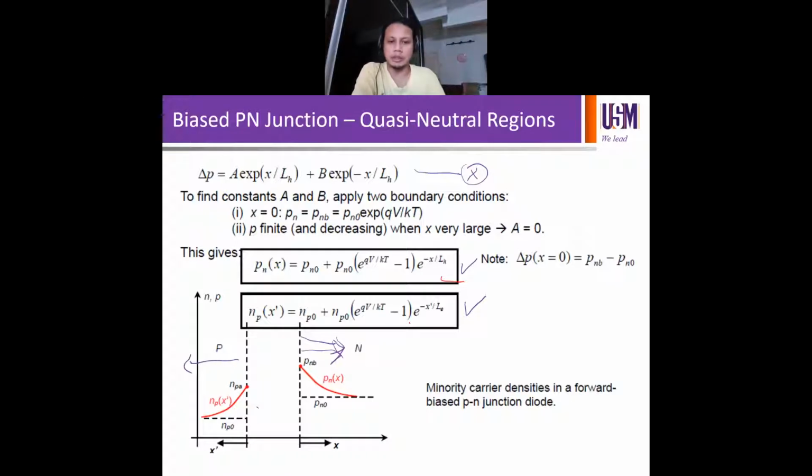Except it's on the left hand side. So this will give you the minority carrier densities in forward bias condition in the opposite region of the junction. So we'll do some calculation towards the end of this lecture note. Today, what time is it now? Oh, 9:35 already.